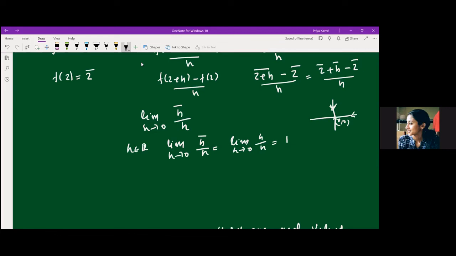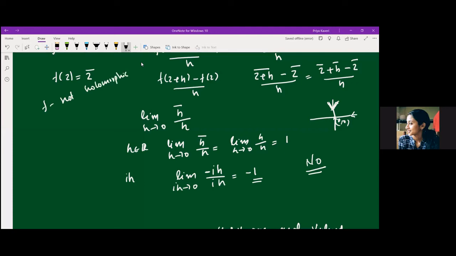But if h approaches through the imaginary axis, so it will be of the form ih, then the limit as ih tends to 0 of the conjugate of ih over ih, that is -ih/ih, so this is -1. So the limit will be -1 if it approaches through the imaginary axis. Does the limit exist? No, because the limit depends on the path through which h is approaching 0. So we can say f is not holomorphic.